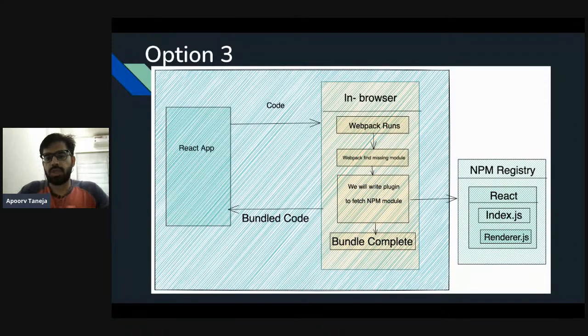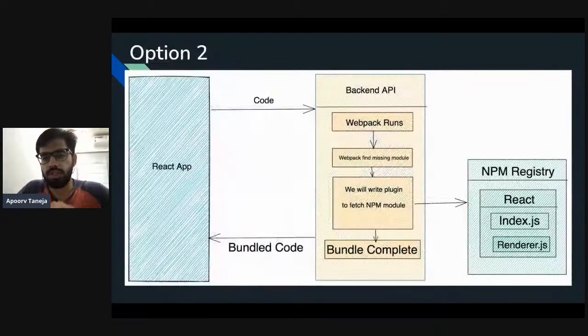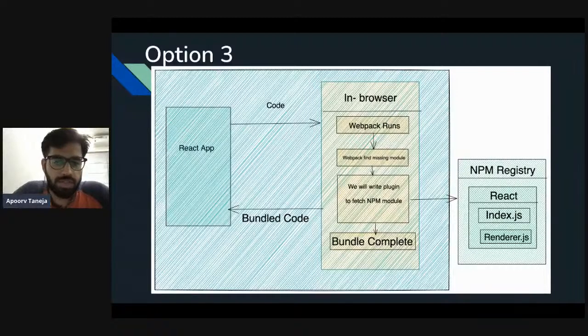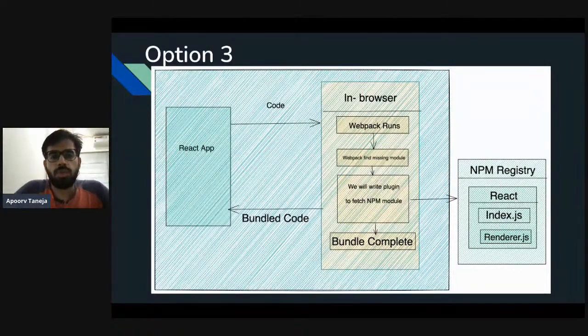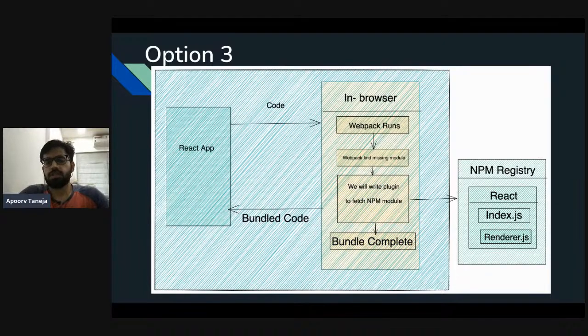So the only difference we can see in approach 1, approach 2, and approach 3 is the number of API calls. We won't be building an extra backend server for this step, and in this step we'll be doing everything in the browser. So now, let's talk about the advantages and disadvantages of approach 2 and approach 3.